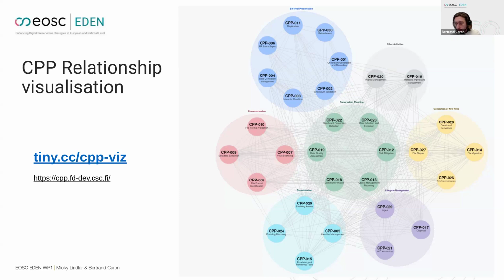And the second that we provided is, kind of logically, the mapping to OAIS functional entities. So if you want, you can visualize all CPPs that are most relevant in the context of the ingest functional entity, for example, or processes that are most relevant within the data management entity.